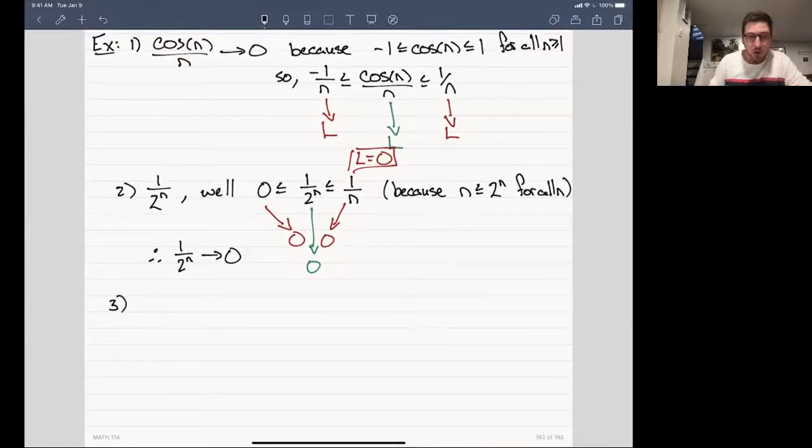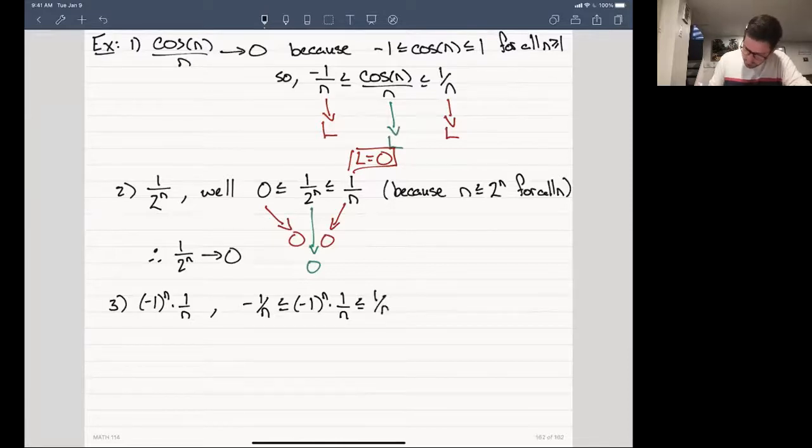Okay, let's do another one. Let's say -1 to the n times 1 over n. So where do we think this is going to go? Well, this is going to go to 0 as well. So we have -1 over n is less than or equal to this thing that oscillates between plus and minus values.